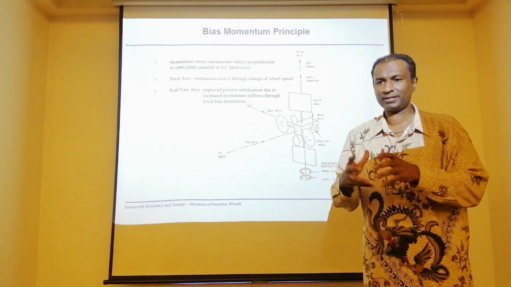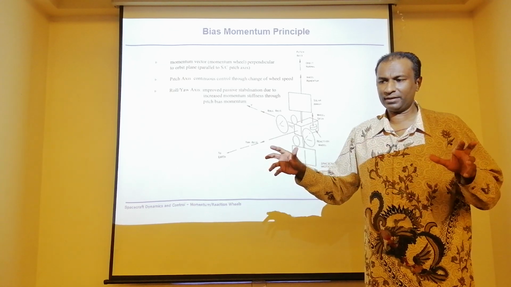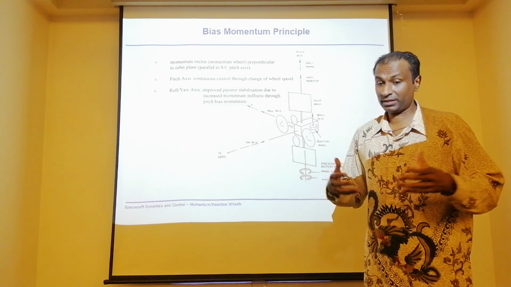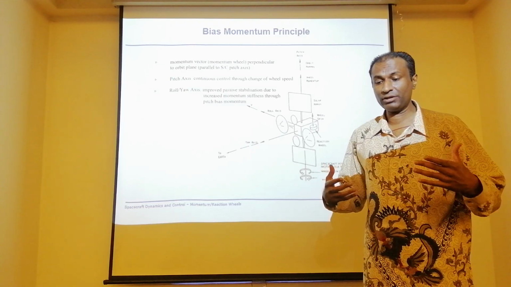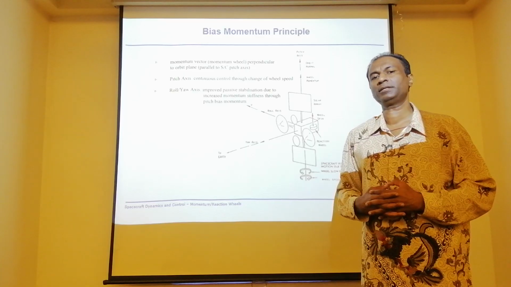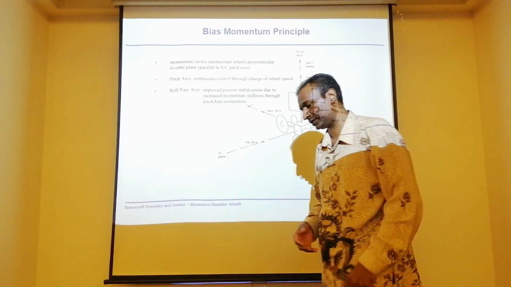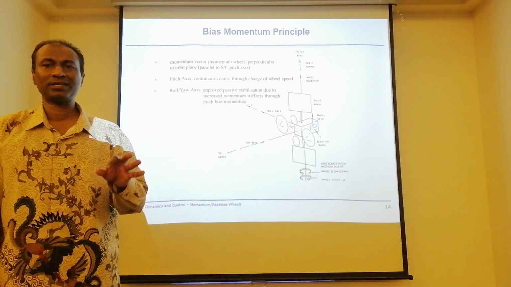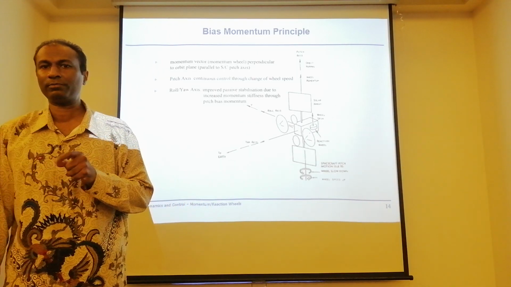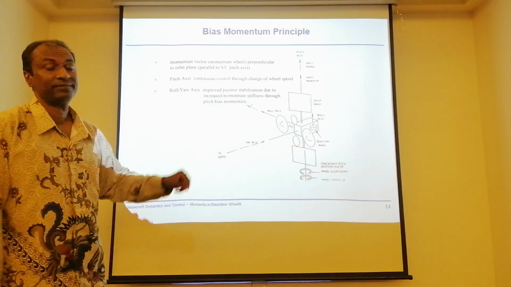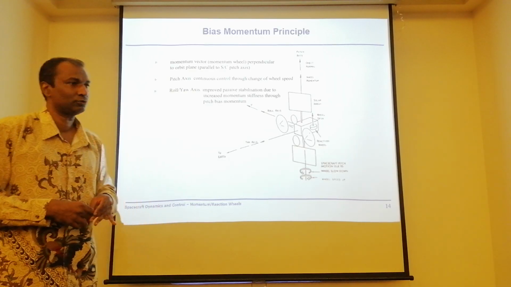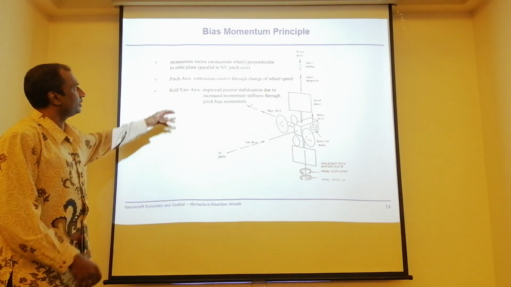If you have a bias momentum principle, with the momentum wheels and in fact with the magnetotorquers, you can achieve quite a reasonable pointing accuracy. In fact, the first Malaysian satellite, Tiong-Sat, that you probably remember, actually had this principle. So it's quite interesting for you to know that, so we can discuss this.